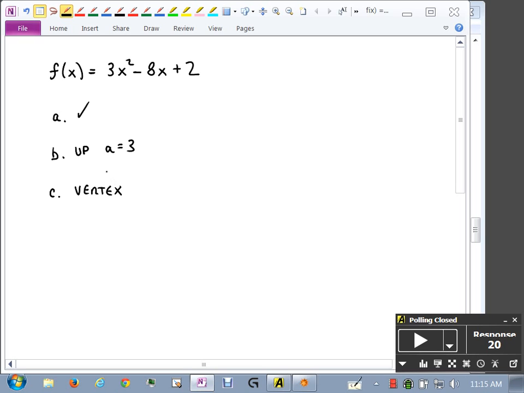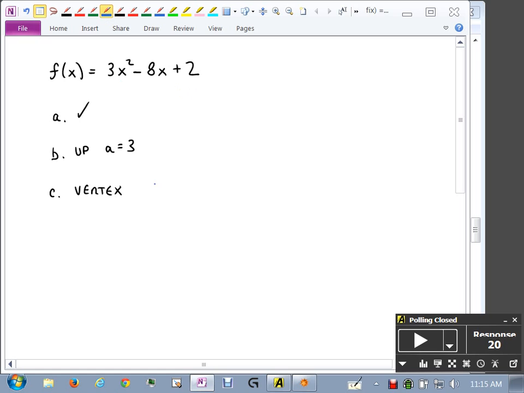And we have a couple of options for the vertex. If we're given the function in what's called expanded form, which is what we're looking at here, then we had completing the square, or we had the shorter way, which was that formula. And I think everyone liked the formula, so I think that's what we'll use here.